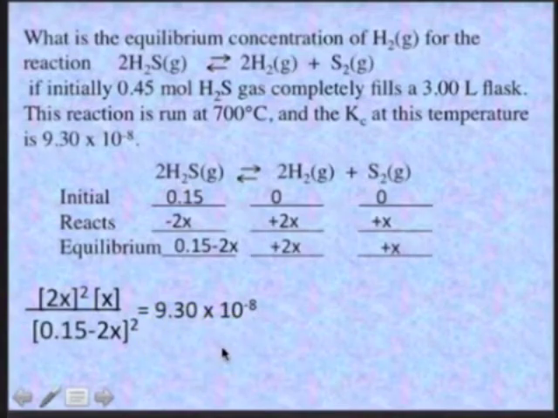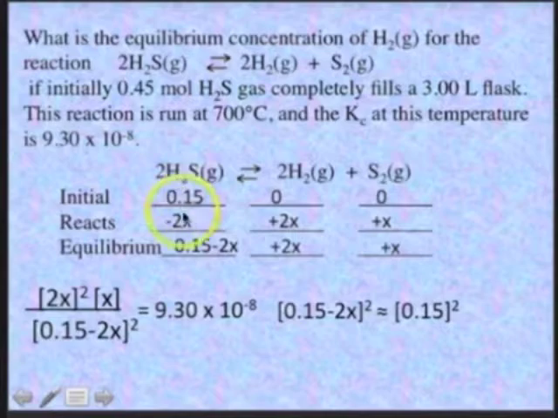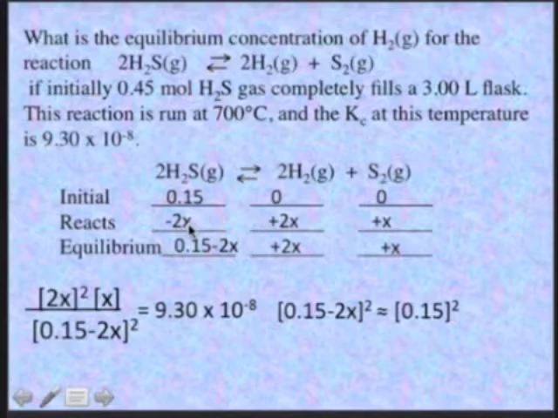And is there a way to simplify it so we don't have to go through an entire quadratic equation to get the value of X? What we're going to say is that because K is very, very small, that means very, very little of the H2S reacts. And we're saying X is the amount of H2S that reacts.